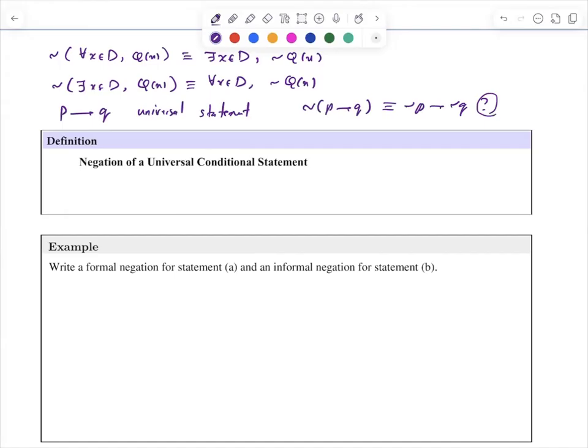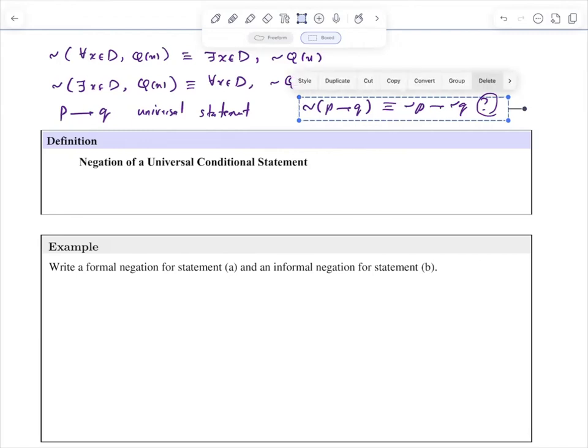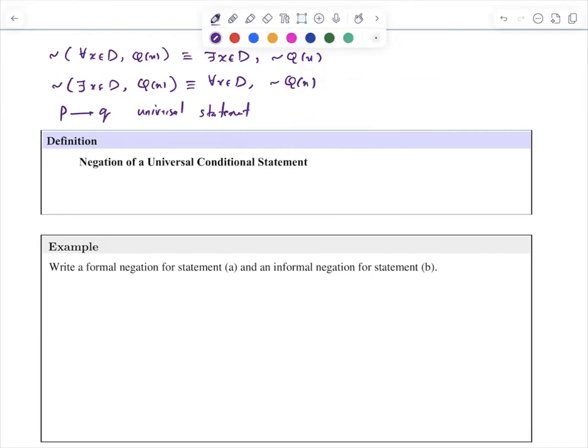Remember that in previous sections, we talked about the conversion of P then Q. P then Q is converted to not P or Q. So first we need to do the conversion, right? When we are converting this into or, then we can easily find the negation.